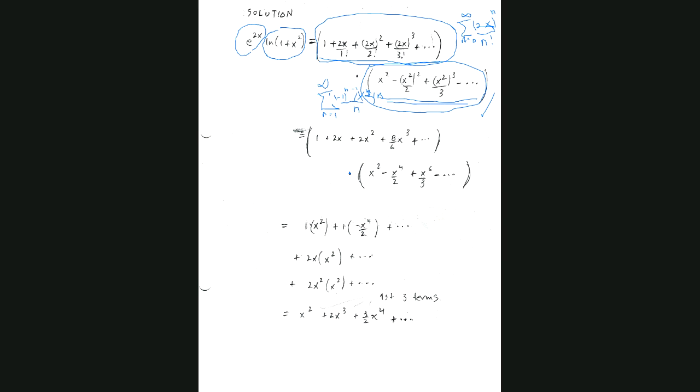And I know that I'm not going to be using all these terms because I only need the first three non-zero terms in the product. Are there any questions so far up to this step?